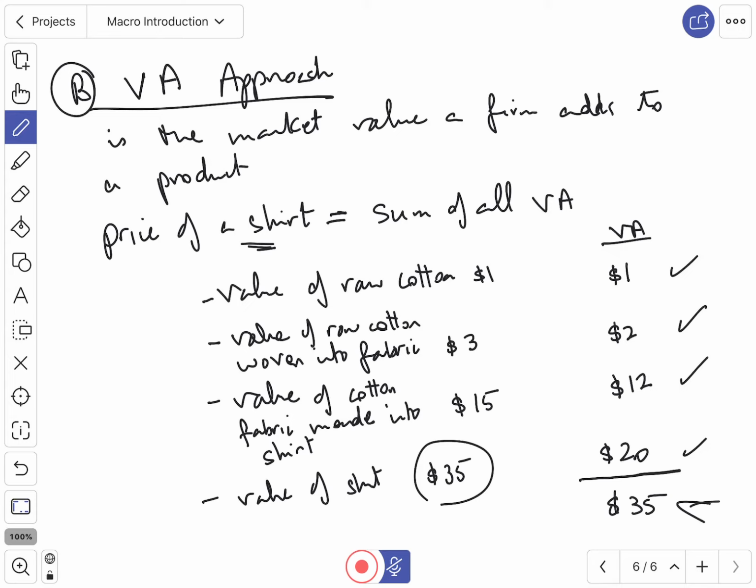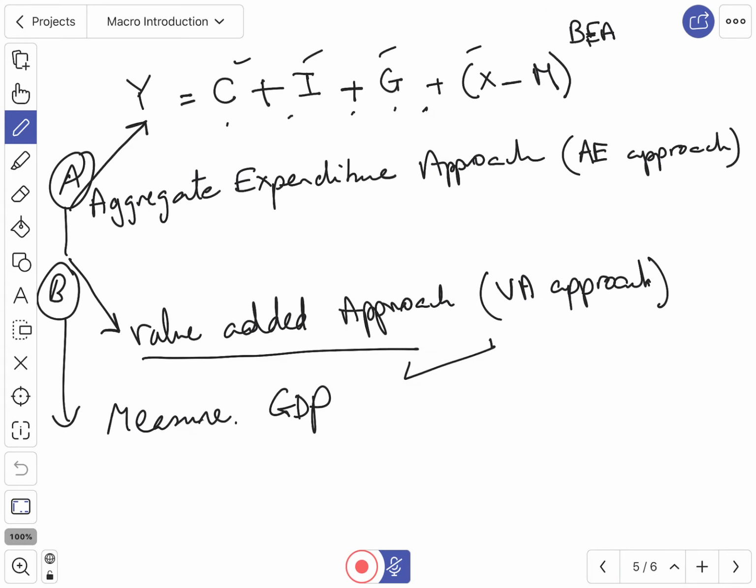And you do that for each and every product in the economy. Of course, as you might expect, it's a very complicated approach in order to come up with the value of each specific item. But it's just an alternative way of computing GDP using the value-added approach.